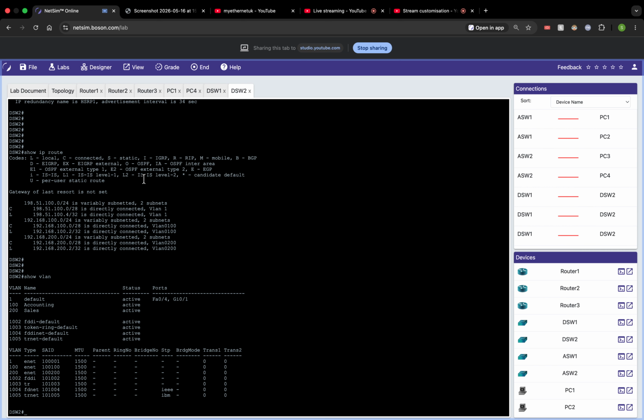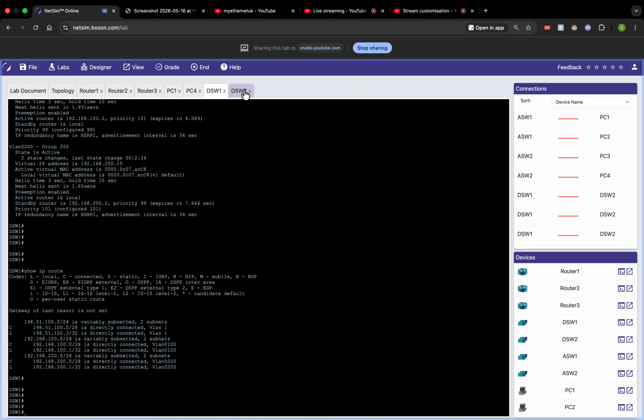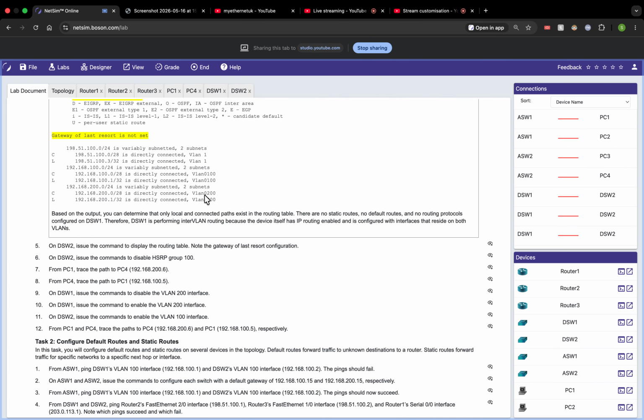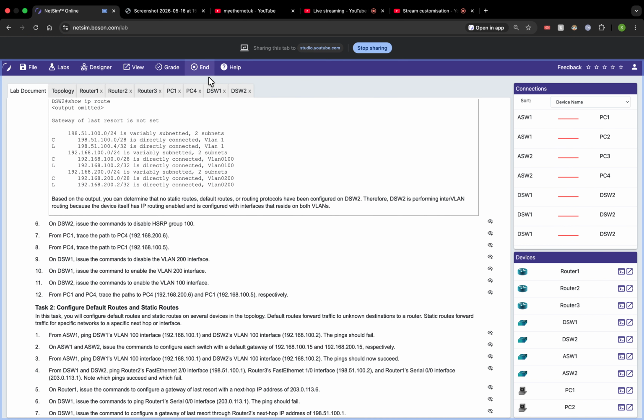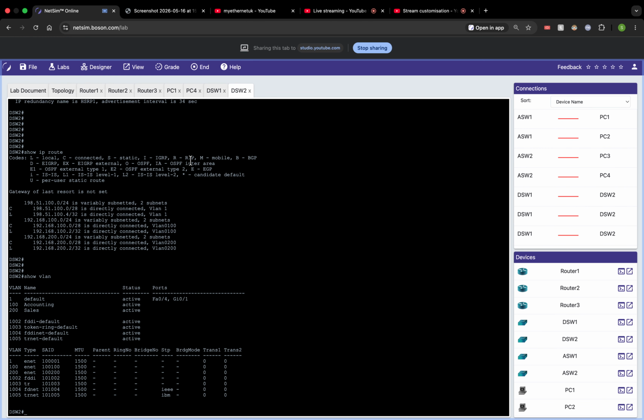Therefore, DSW1 is performing inter-VLAN routing because the device itself has IP routing enabled and is configured with interfaces that reside on both VLANs.